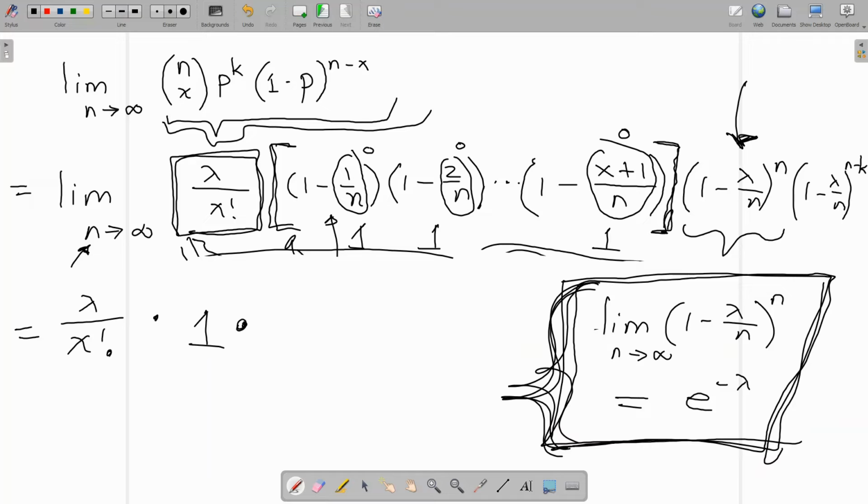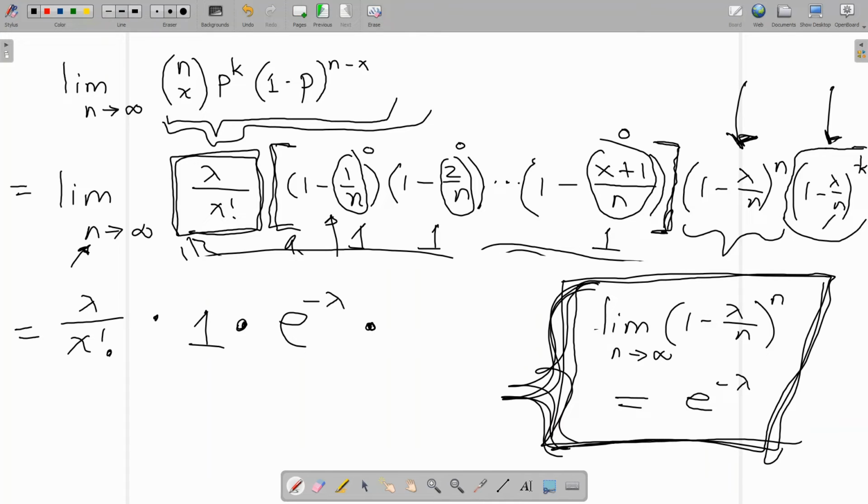So we have here e raised to negative lambda. And then finally, look at the last expression. So what is the limit of this? By the way, we have an extra n there. So that is negative k only. What is the limit of this?